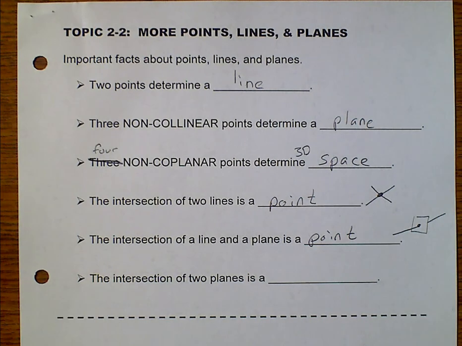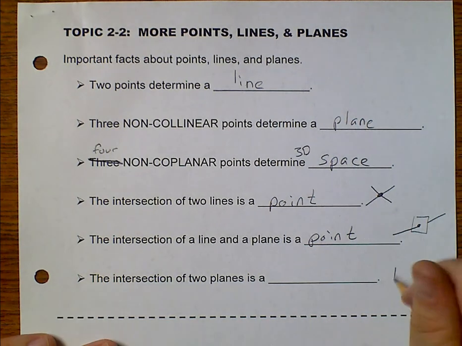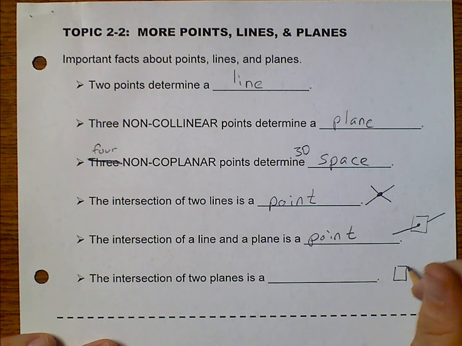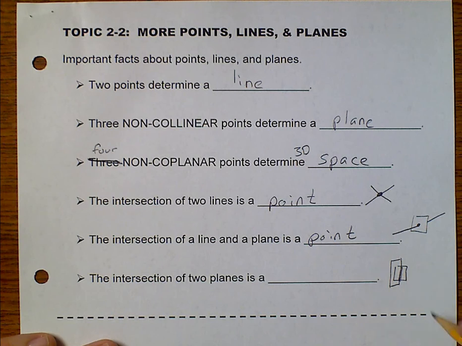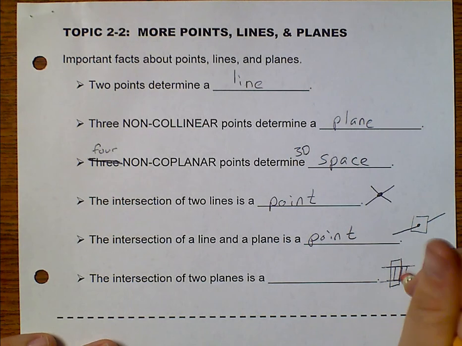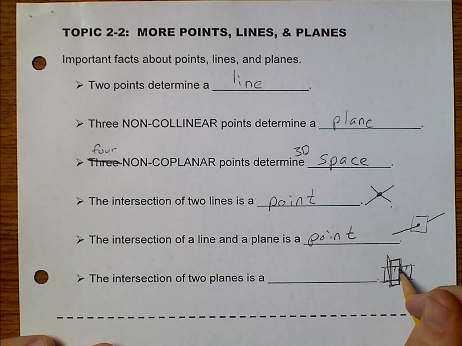And the intersection of 2 planes would be a line. It's kind of hard to see, but where these 2 planes cross is a line.